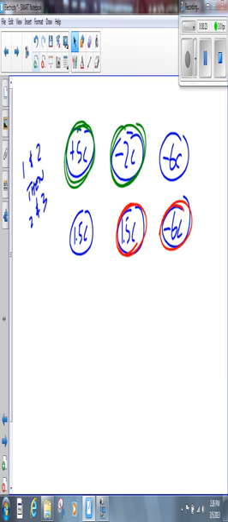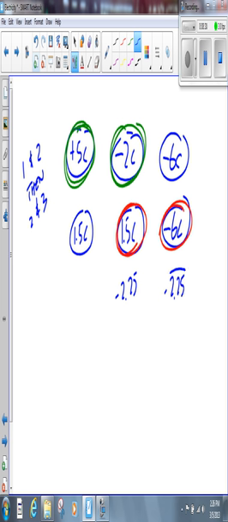It's going to even out to be negative 2.25 and negative 2.25. The first charge is going to remain as positive 1.5 coulombs. So after these 2 events have taken place, the first charge is 1.5 coulombs, the second one is negative 2.25, and the third one is negative 2.25 coulombs.